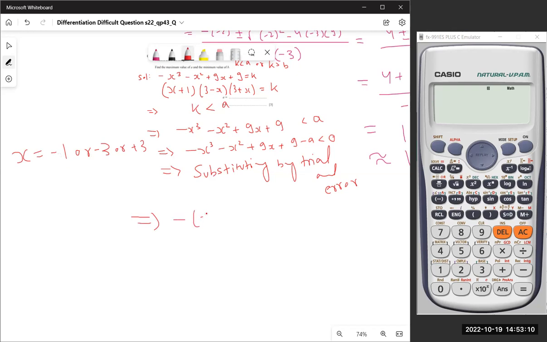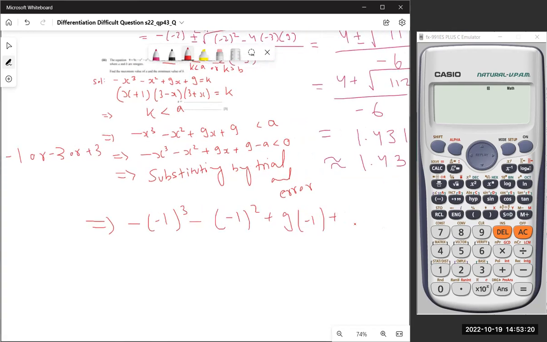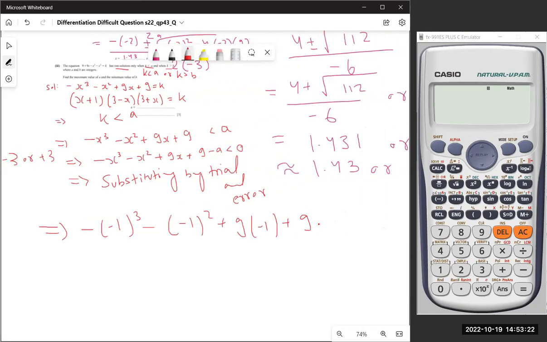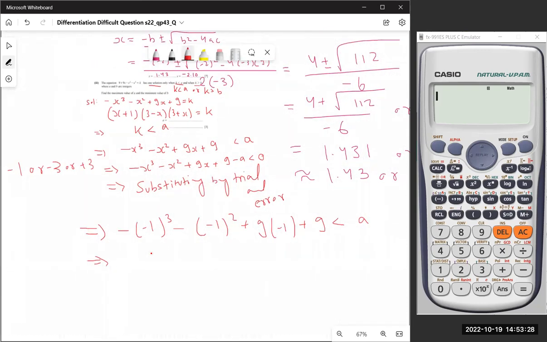Now, when I put minus 1 inside, I think there's something missing. You'll have to give me some time on this, all right? So A is greater than 0.